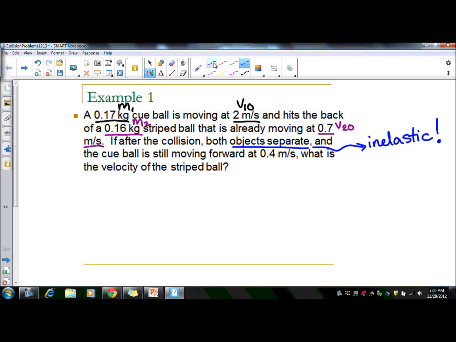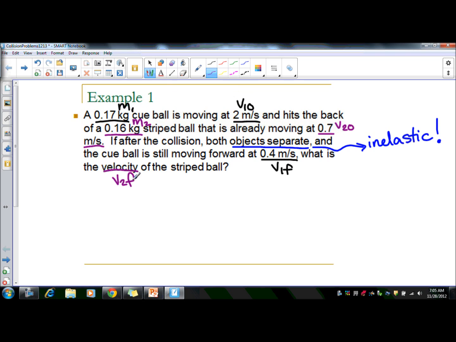So that goes with the cue ball, which is 1. So after the collision means that this is going to be V1F. It's what happens after. So we want to know what is the velocity of the striped ball. So we want to know V2F.